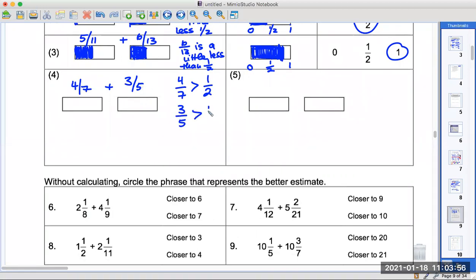That's also greater than 1/2. So when we shade, we have to go a little bit beyond 1/2. Just a little bit. And 3/5 also. If this is 1/2, we're going to go a little bit beyond it.